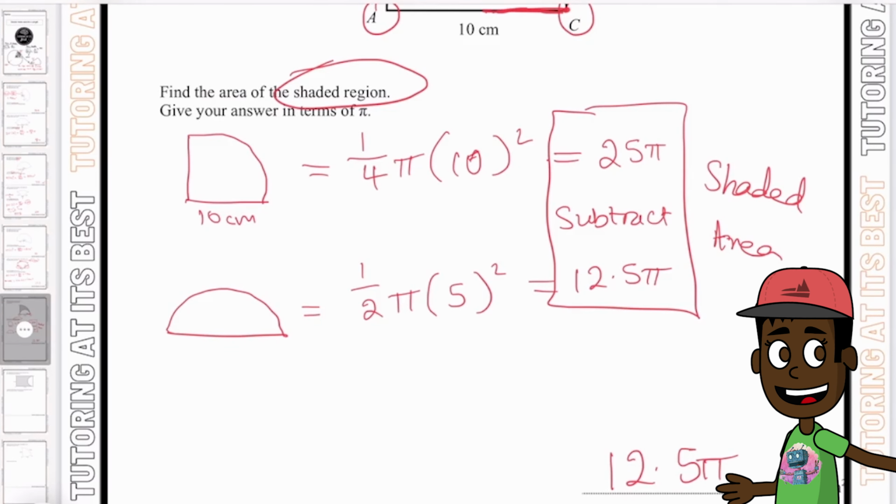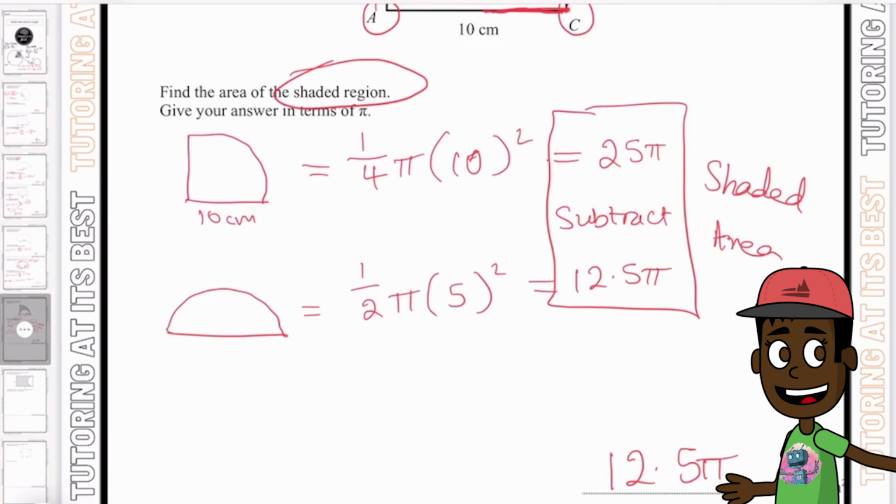But now they're asking us to calculate the percentage, which means we'll have our change over the original times by 100. So to calculate that, we will simply have 123.45 over 180, so change over the original amount, times by 100, and that will then give us 68.6 as our percentage. And that is our answer.